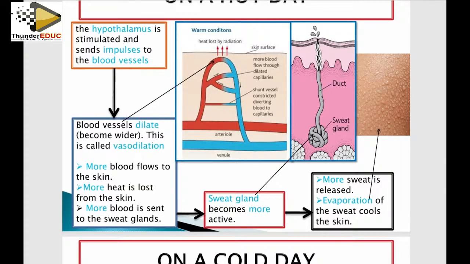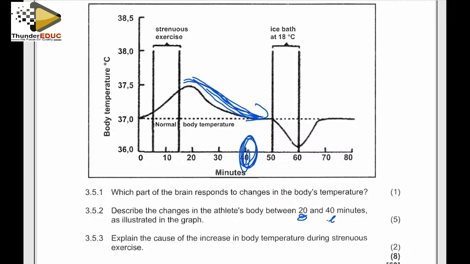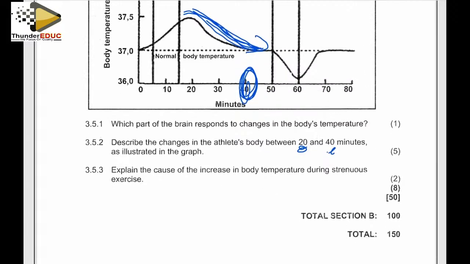More blood flows through the skin, more heat is lost from the skin, more blood is sent to the sweat glands. The sweat glands become more active, more sweat is released, evaporation leads to cooling of the body, and then the temperature goes back to normal. So it was a little bit simple.